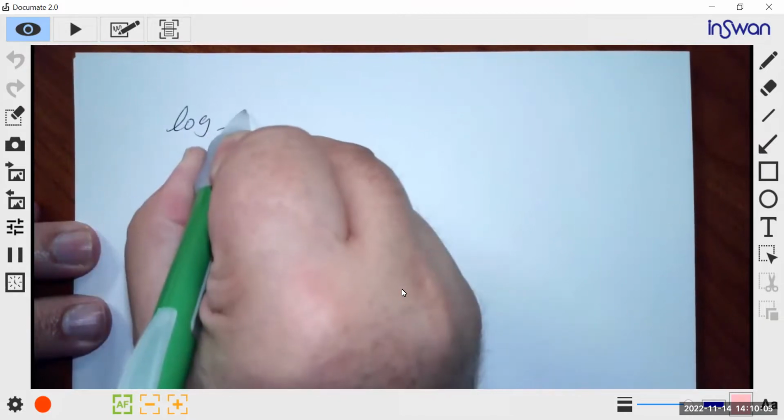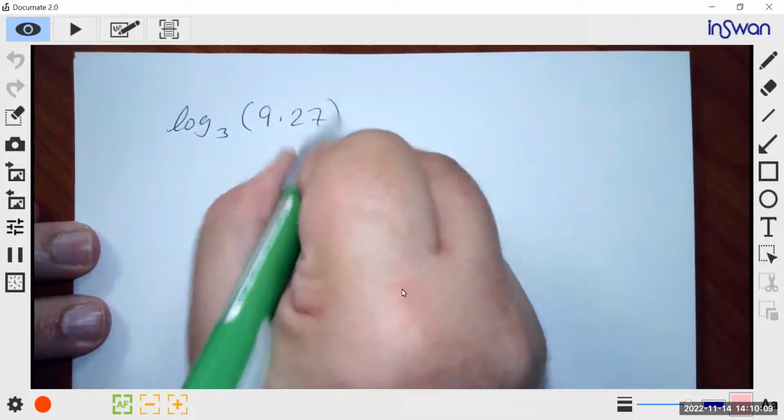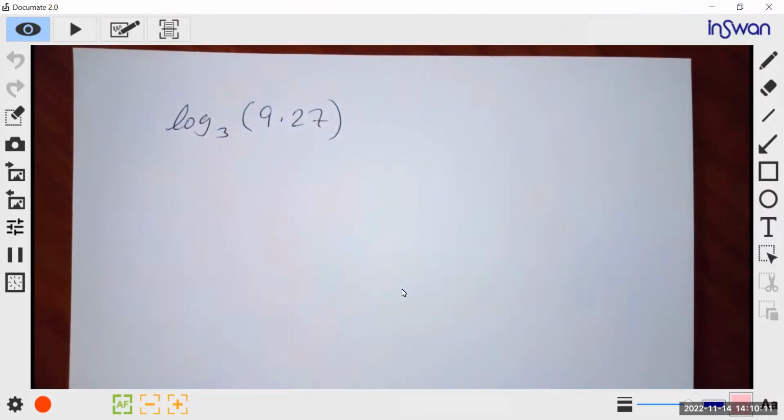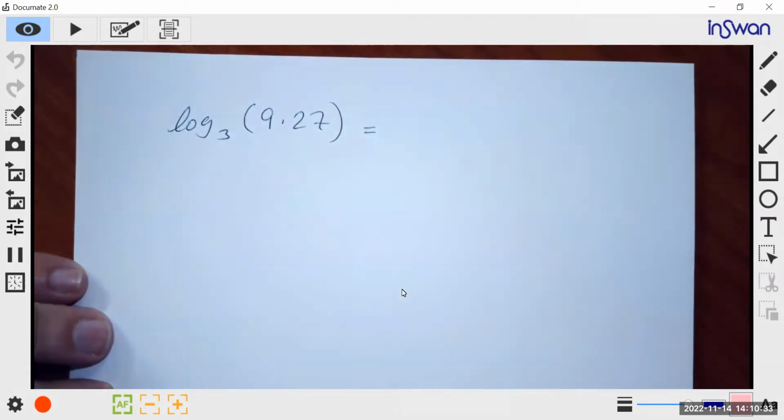Log base 3 of 9 times 27. Since these are multiplied, what can I do?